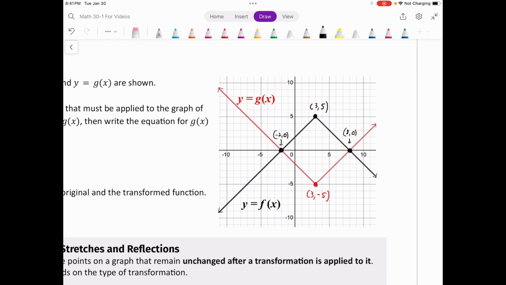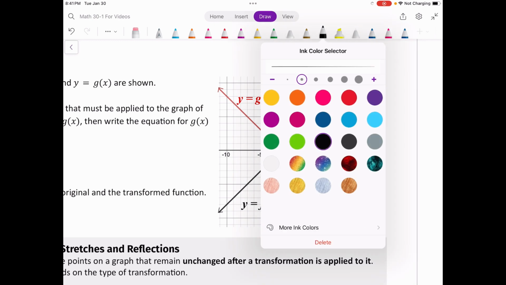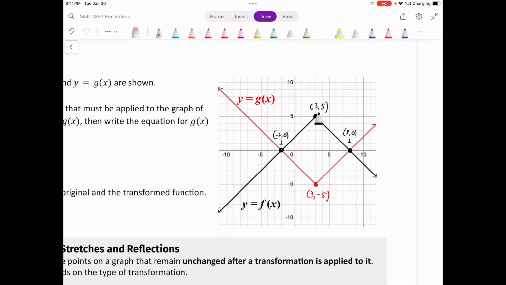That checks out with our theory that maybe this was a vertical reflection across the x-axis, that every y value was just multiplied by -1, because we would then expect g of x to have the same points when y is 0, because 0 times -1 is still 0.